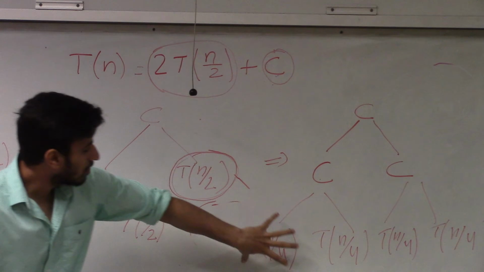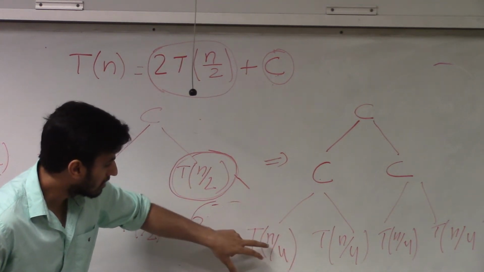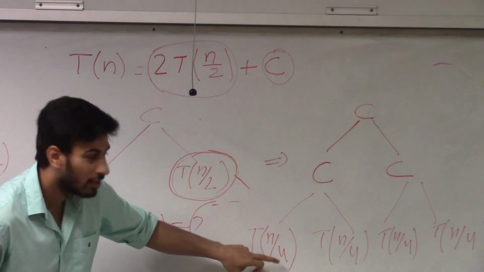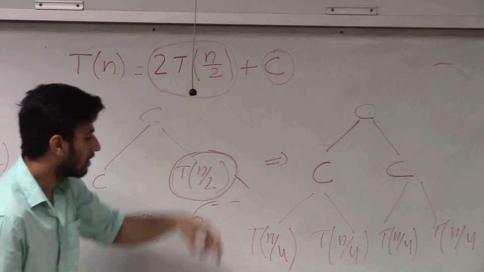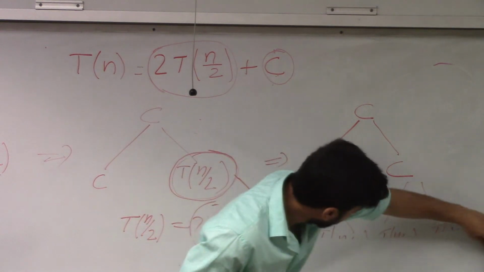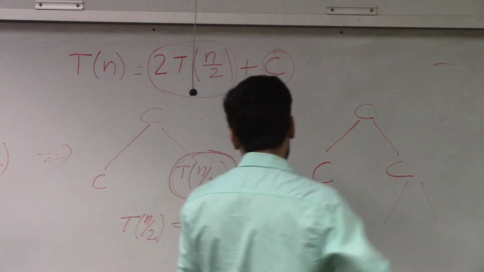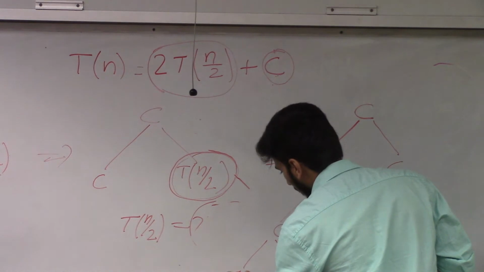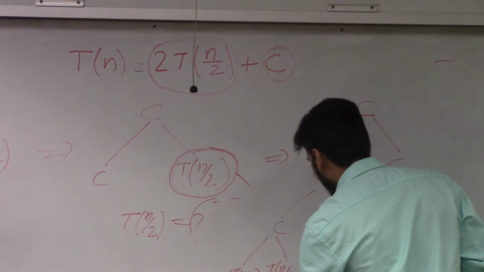Then this became a constant work. We can call this x value, x value is n by 4. Then put it into this, n by 4 will become n by 8. So this one I will drop and write it here. C is like T n by 8, T n by 8.